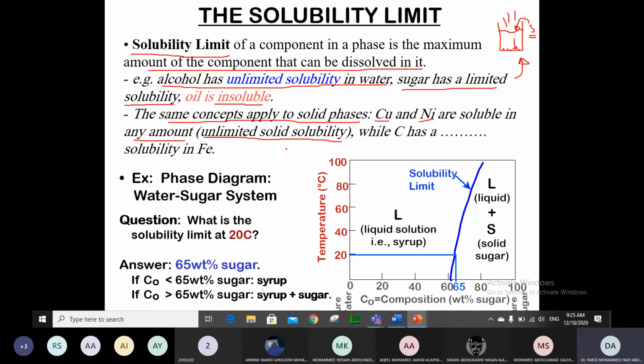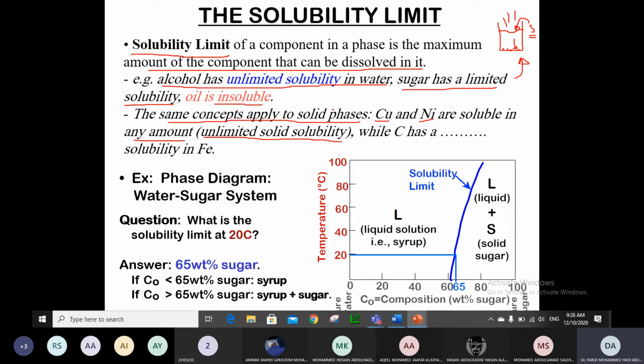You can mix copper with nickel at any amount, from 0 to 100, and from 100 to 0 of any of them. There would not be any new phase forming. Of course, we will be dealing with the details of this system in the first phase diagram that we are going to cover, and we are going to explain why this happens in unlimited solid solubility.